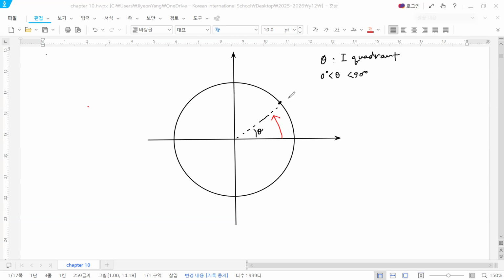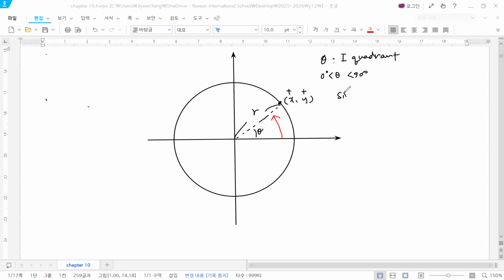So this way, it's 0 to 90 degrees. Then the coordinate on the first quadrant, of course, x, comma, y, they are all positive values, right? And then r as a radius is always positive.